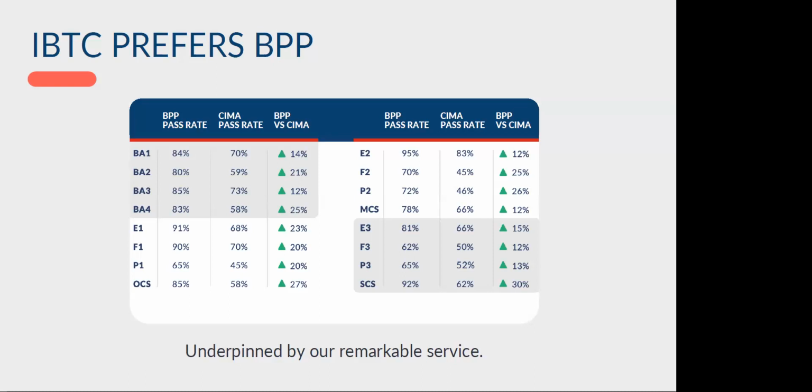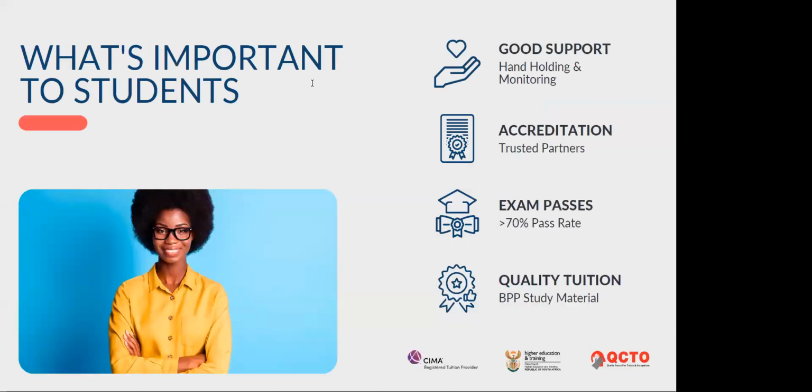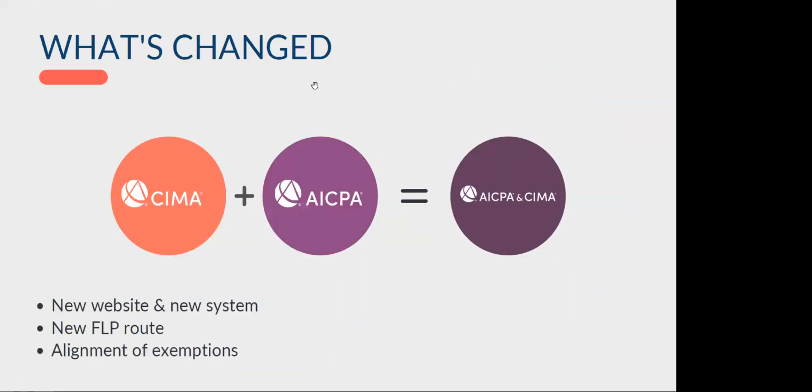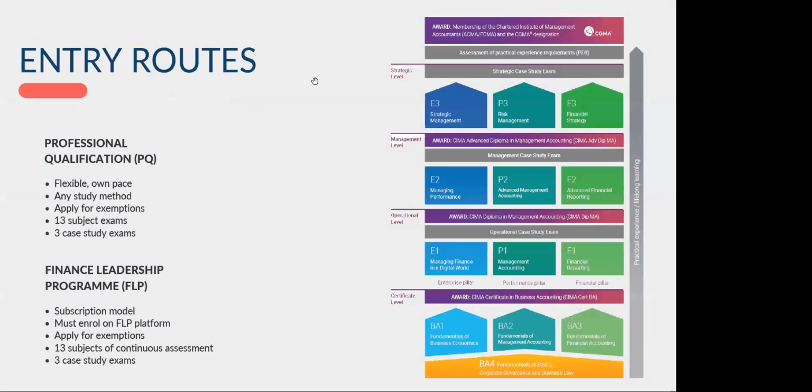Nikki, there's a good question from Simpewe. How can you move from FLP to CICA? So Simpewe, whether you complete your CGMA through the FLP route or the traditional route, once you have qualified and have your PER, your practical experience requirements, you can then move over to CICA and just complete the final board exam.